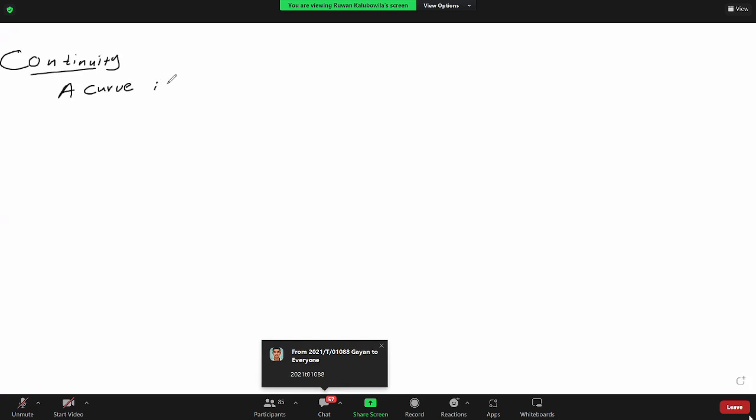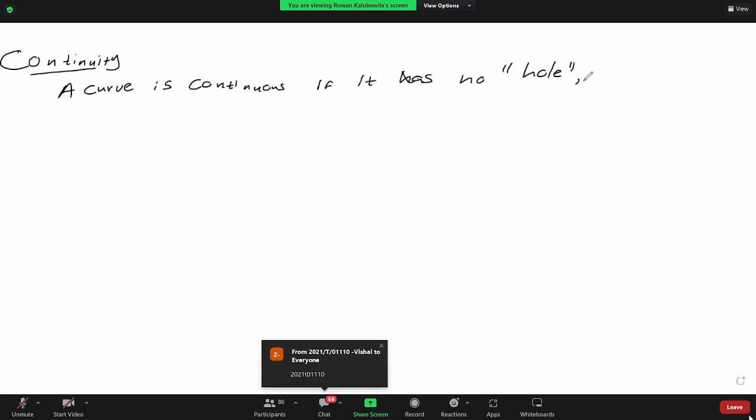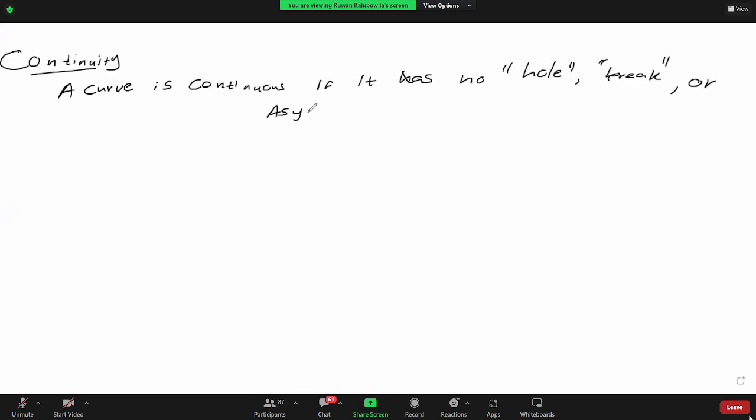A curve is continuous if it has no holes or breaks, or any asymptote. You know what those are.